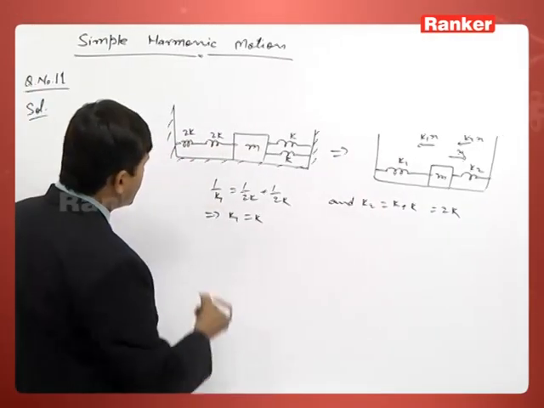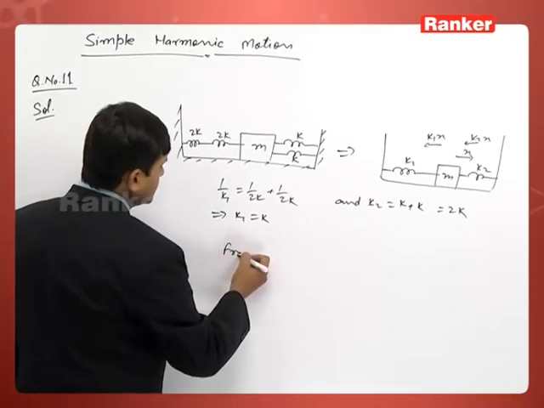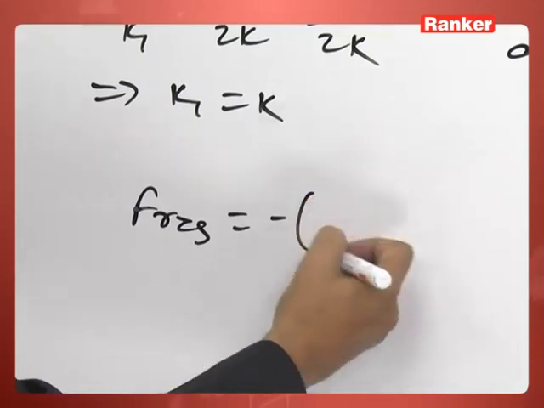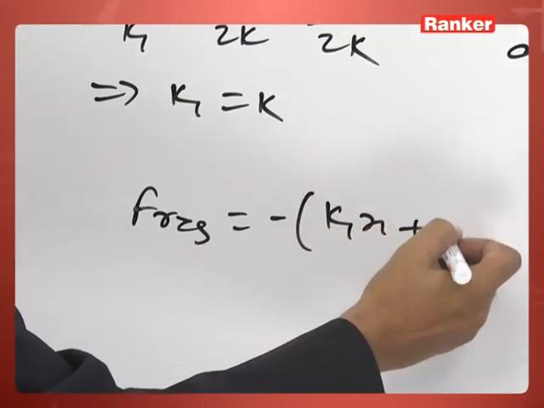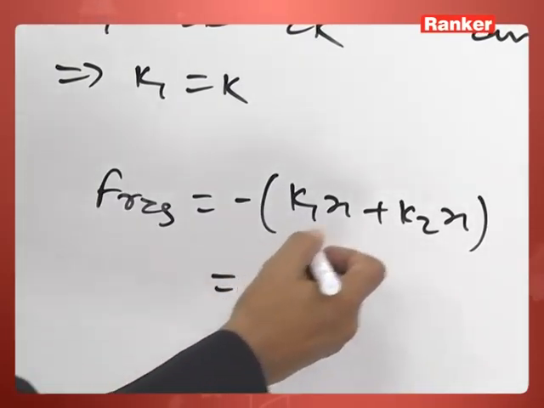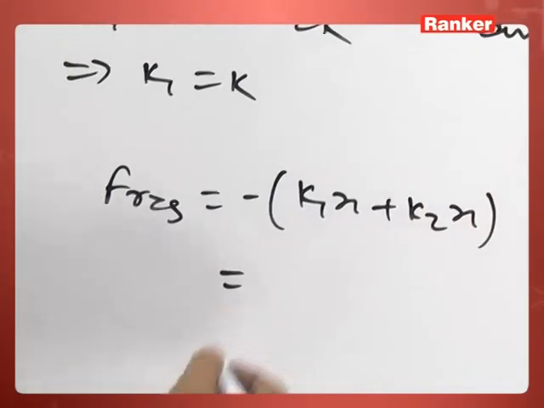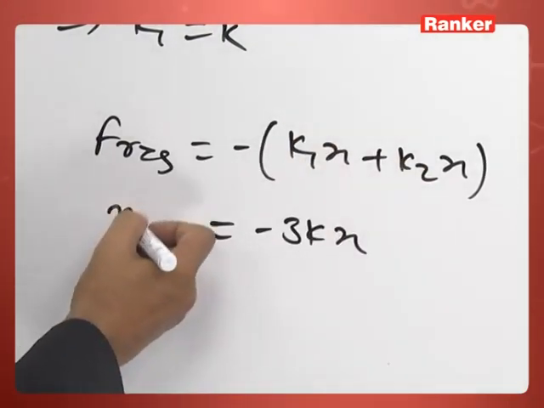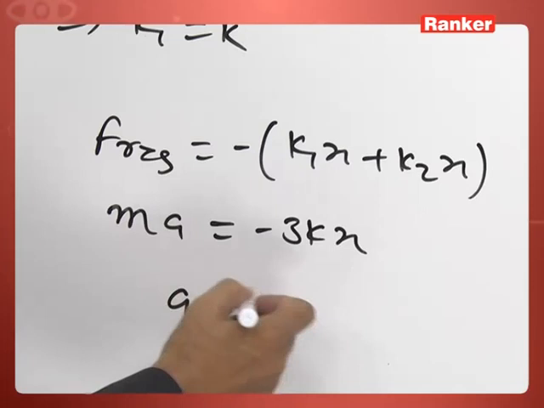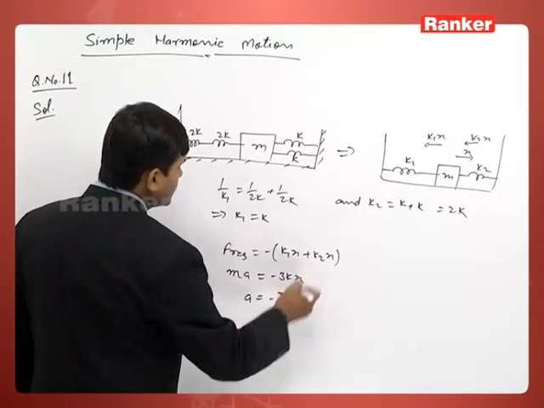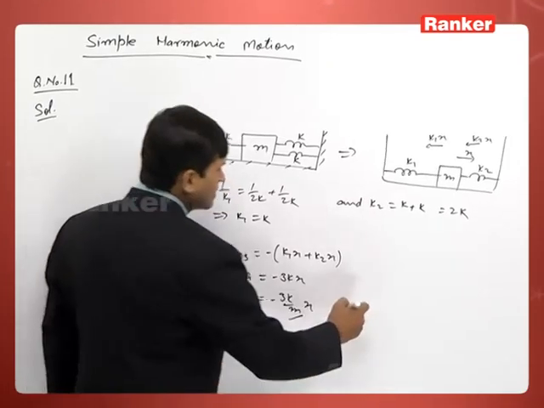So F restoring is minus of K1x plus K2x, and K1 plus K2 gives 3Kx, that is M into A. The A is minus 3K by M into X, and this term is omega square.